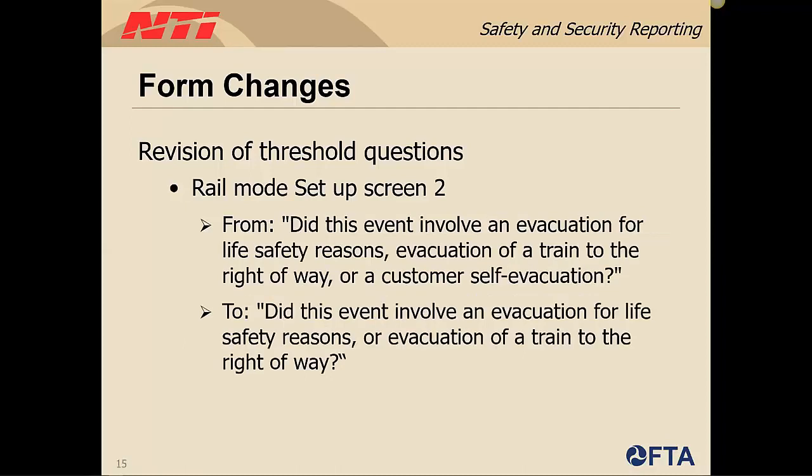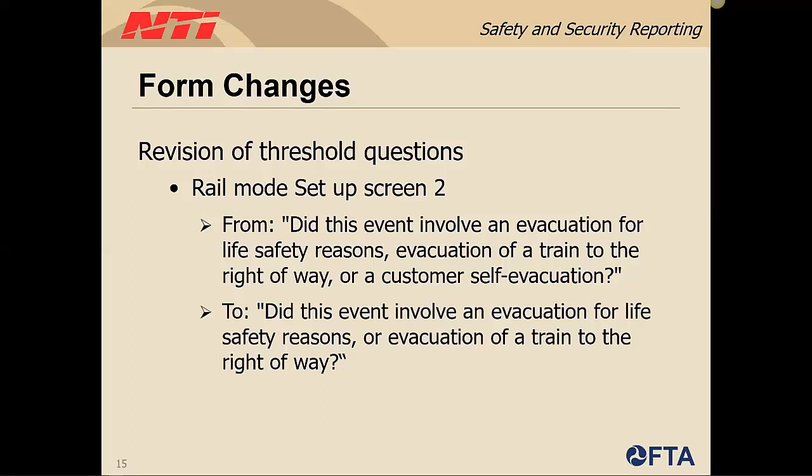Also on the rail mode setup screen 2, we changed the wording of the evacuation threshold question from did this event involve an evacuation for life safety reasons, evacuation of a train to the rail right-of-way, or customer self-evacuation to basically the same sentence except we took off the self-evacuation part. So while self-evacuation is a selection on the evacuation subform, it was only a threshold for calendar year 2017.